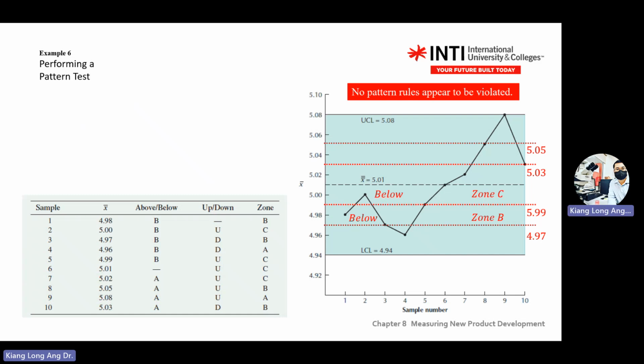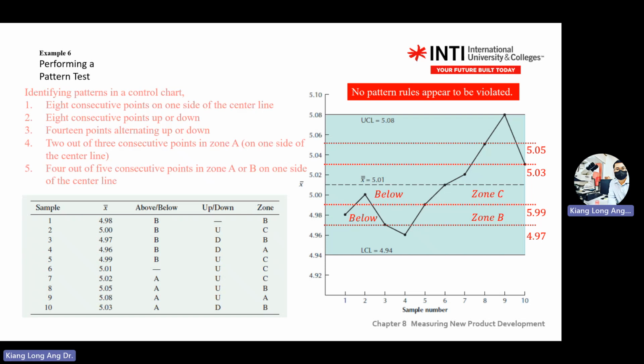For example, point 1 is 4.98, which is below the mean, so it's B. The second one, 5 point something, is also below the mean, and so on. Then you check the general guidelines: does it consecutively show the behavior?